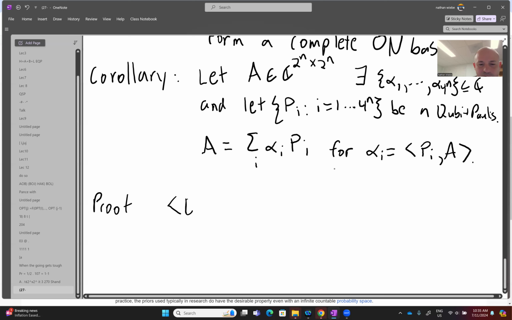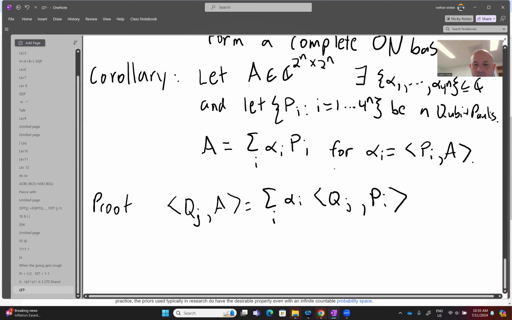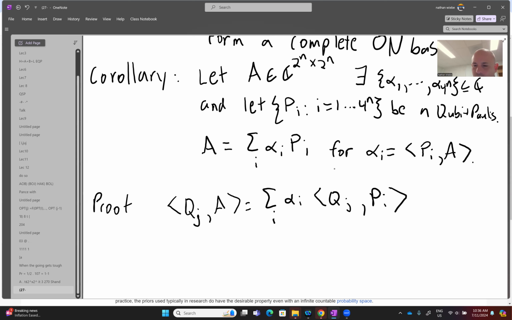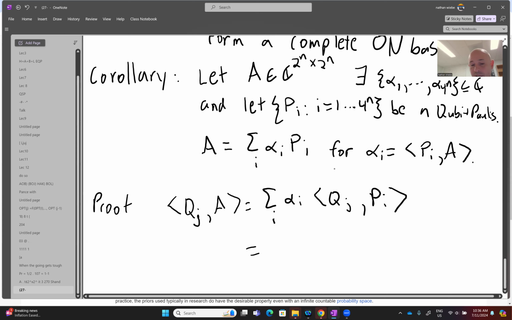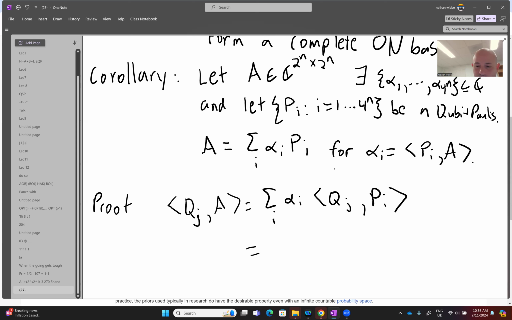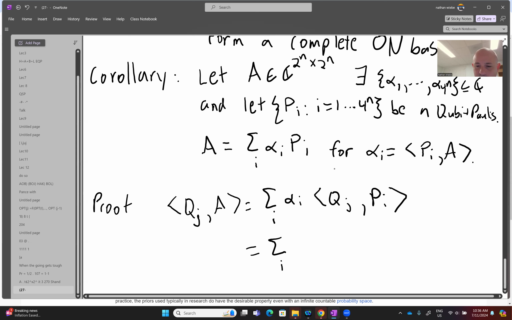So if I take the inner product of Qj with A, then this will be the sum over i, alpha i, just by linearity of the inner product, of Qj and Pi. Now, from the definition of the inner product, because Qj is a Pauli operator and Pi is a Pauli operator, this is just the sum over i, alpha i, delta ij, which is just equal to alpha j.